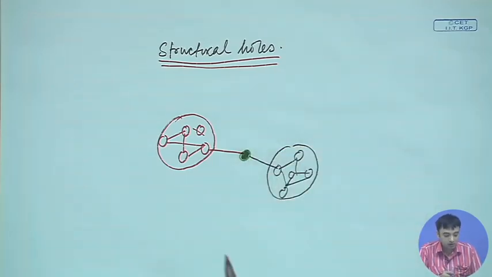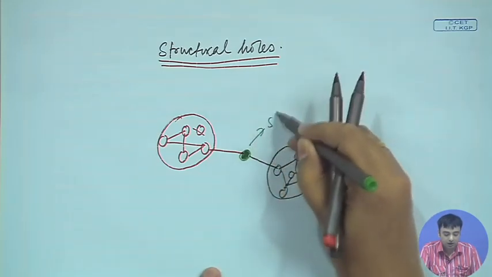So, that is why we call this particular node a structural hole.